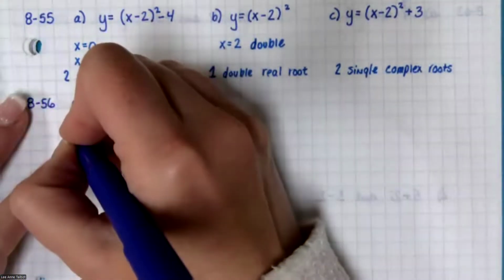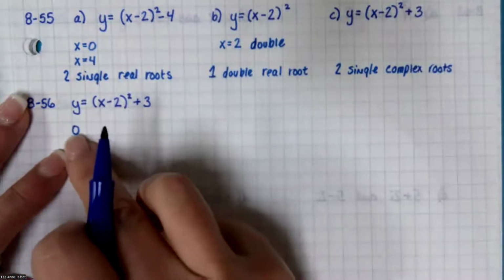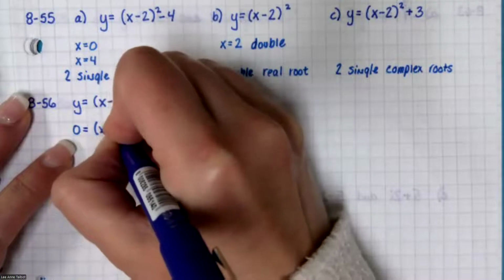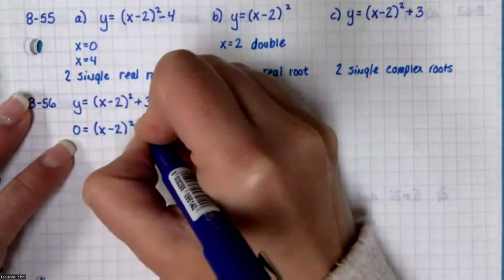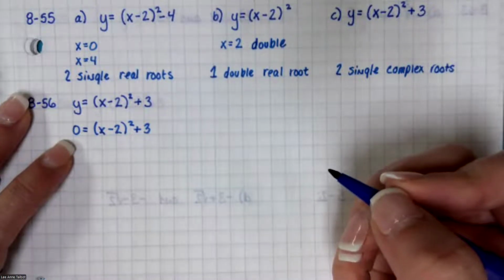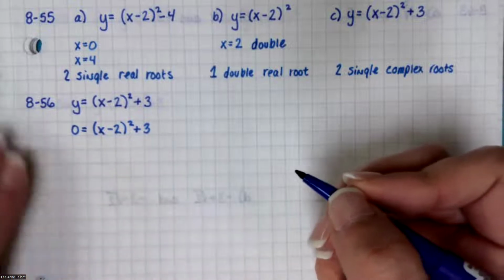Okay, so when we find roots, we want y to be 0 because that's where the x-axis is. Okay, and I want to solve for x, so I want to get x by itself, which means I'm going to minus 3 first.